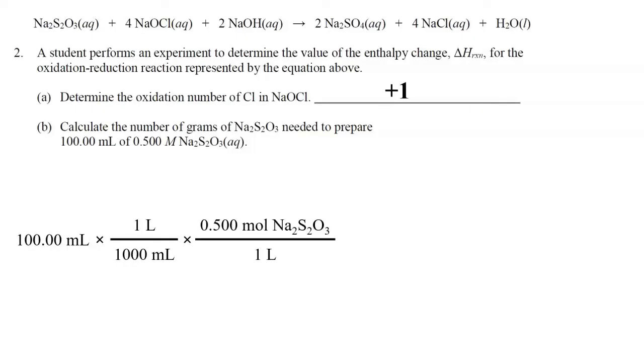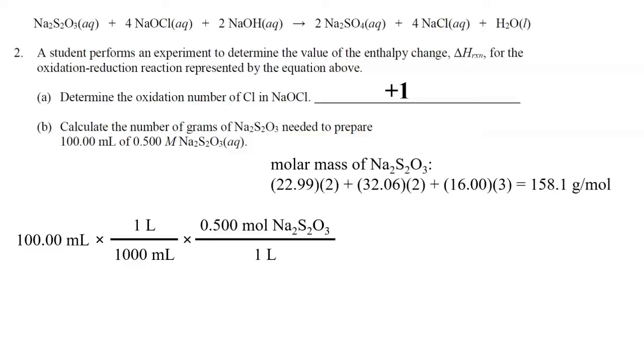If I use the periodic table to figure out the molar mass of Na2S2O3, when I do that math, I get a molar mass of 158.1. So there's 158.1 grams of this compound for every 1 mole. If I set up the calculations with these conversion factors, my answer should be the number of grams of this compound.